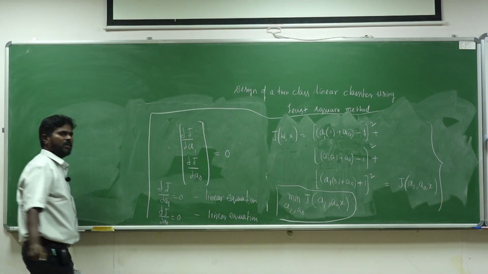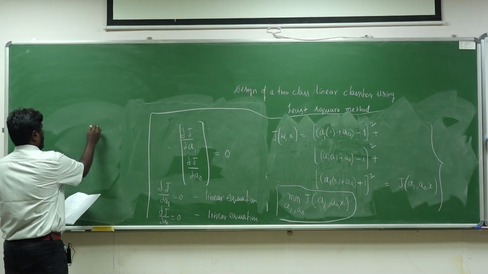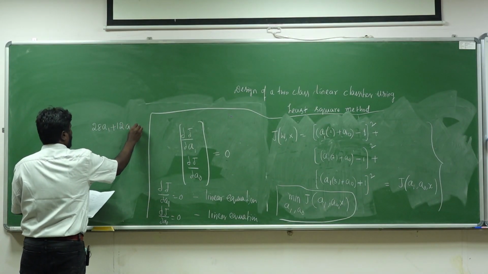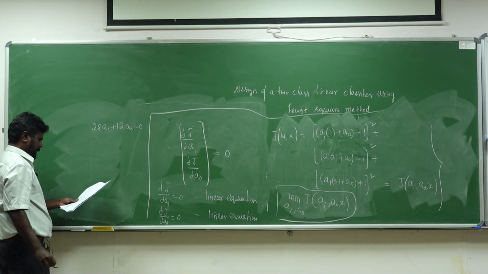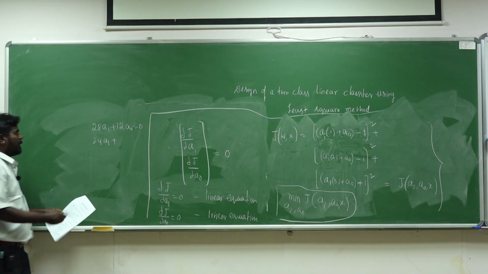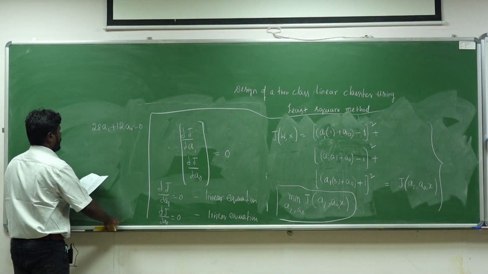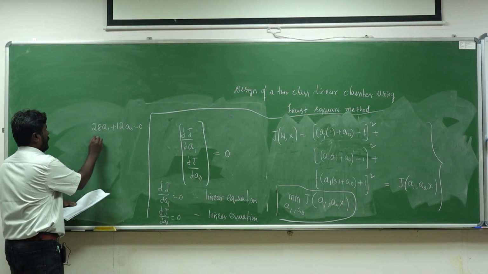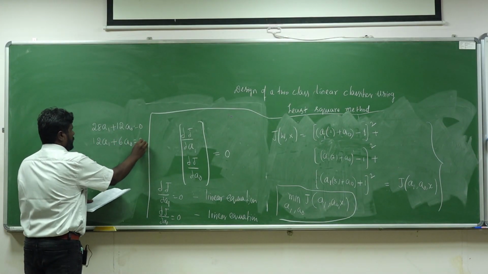So what are those equations? One is 28a1 plus 12a0 is equal to 0, and the other equation is probably something like this: 12a1 plus 6a0 is equal to 2.